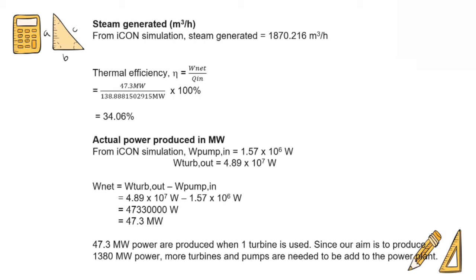With the value of 47.3 megawatt, we can calculate our thermal efficiency, which is 34.06%. However, the 47.3 megawatt is produced when we are using one turbine. For our project, we are aiming to produce 1,380 megawatt of power. Therefore, we will need more turbines and pumps in order to achieve the aim value.